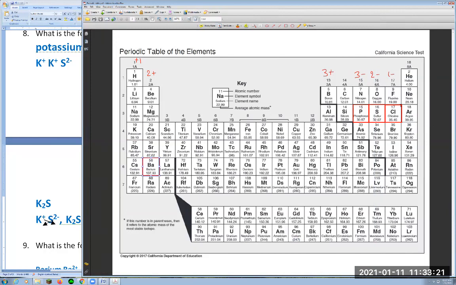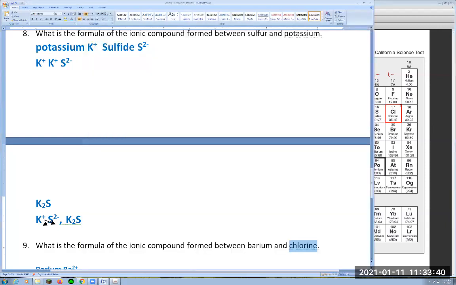And the other one was chlorine. Chlorine, atomic number 17, is a non-metal from group 7A. And so it likes to gain 1 more electron to be like argon and become a Cl- ion. So that's the two.